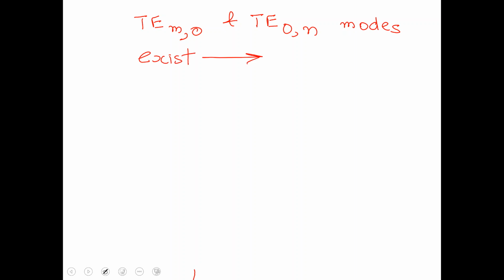So it's telling me TEm0 and TE0n modes exist. This is different from TM.